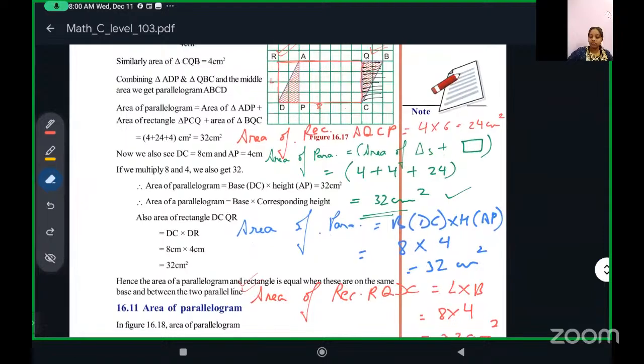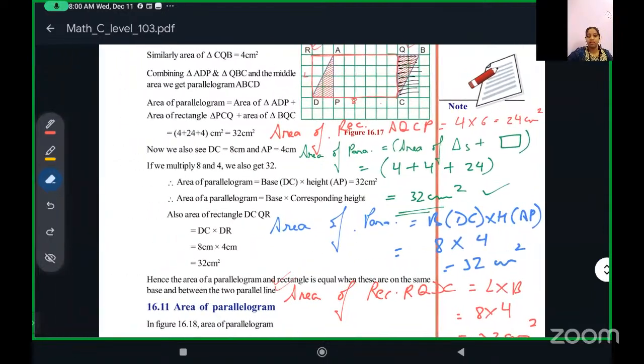I understand that, ma'am. But you can always cut the triangle almost in the right way, and also the sum of the angles of a parallelogram has to equal 360 degrees, because the sum of angles of quadrilaterals is 360. And so both the angles should be the same. Angles should be the same, yes.